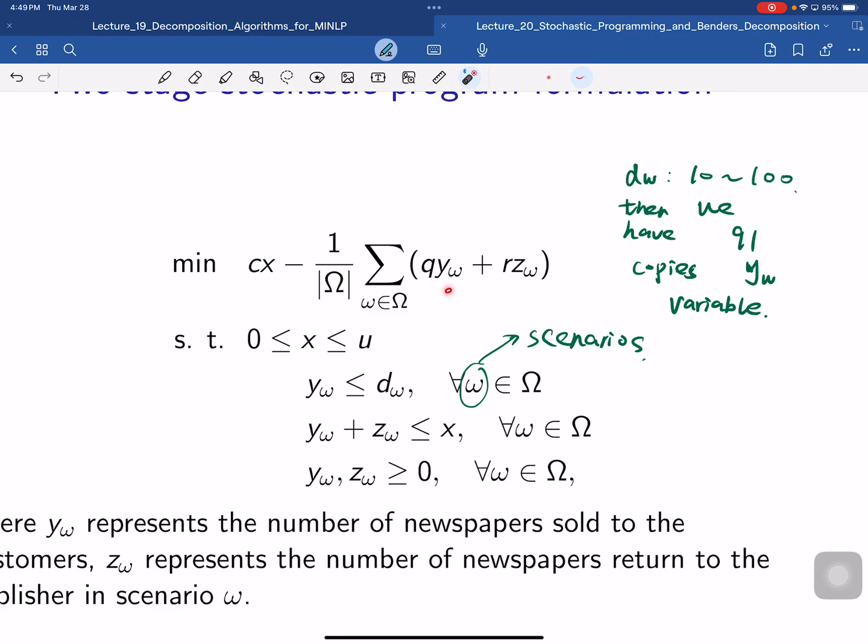So we sell Y omega newspapers at price Q. And for the Z omega copies, we are going to return to the publisher, then you get some return value of R. So that will be the money you gain in scenario omega.